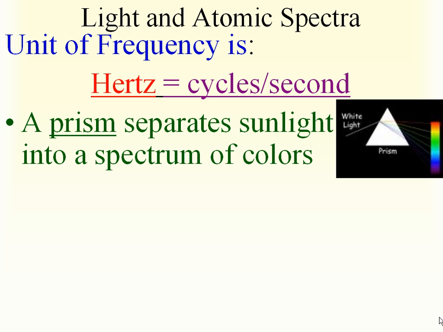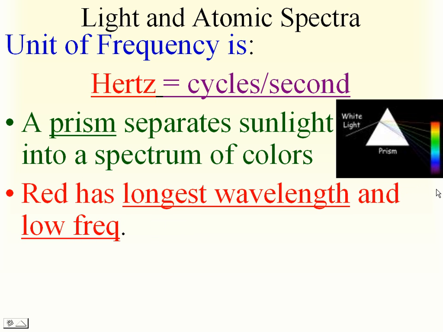A prism separates sunlight into a spectrum of colors. As you can see in the picture, we have white light going in and causing the light to be split into its spectrum of colors. Red has the longest wavelength but the lowest frequency.